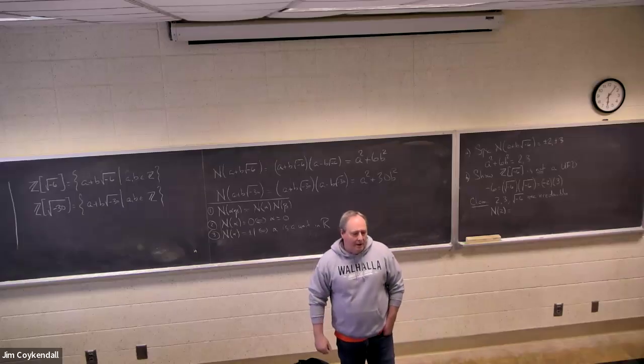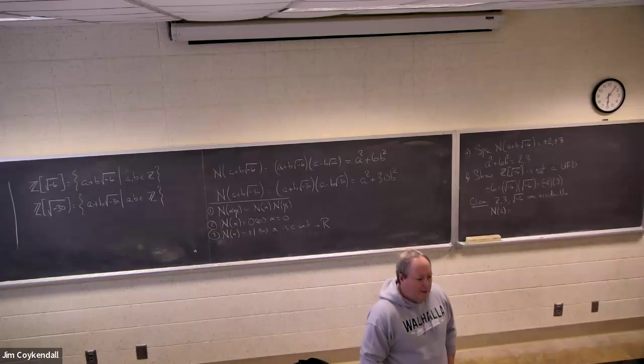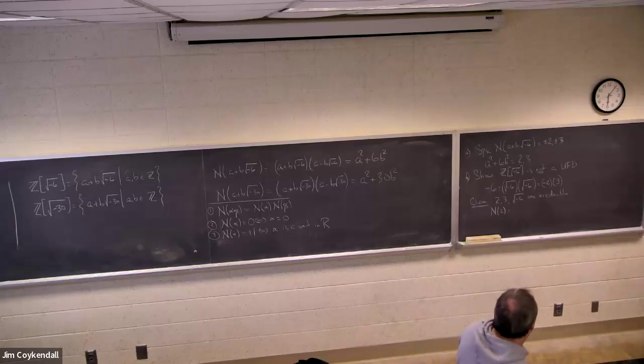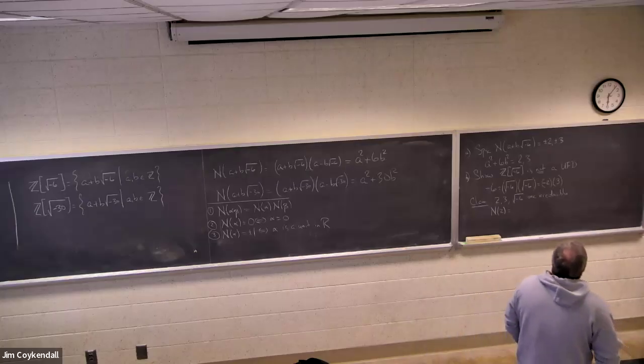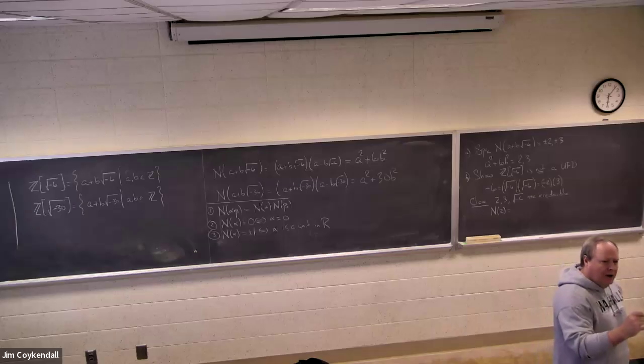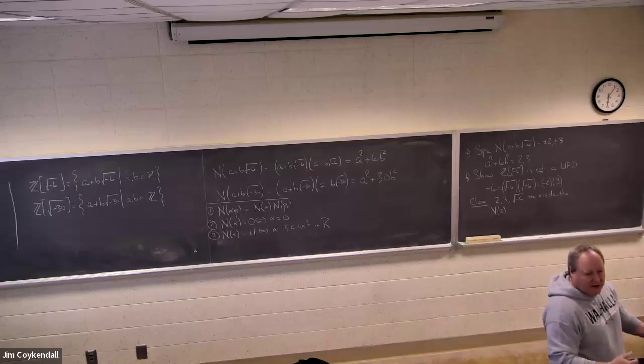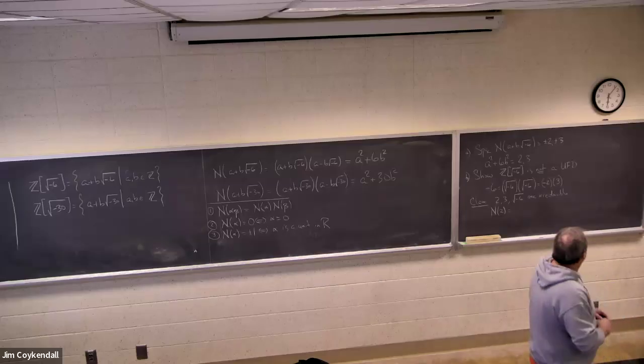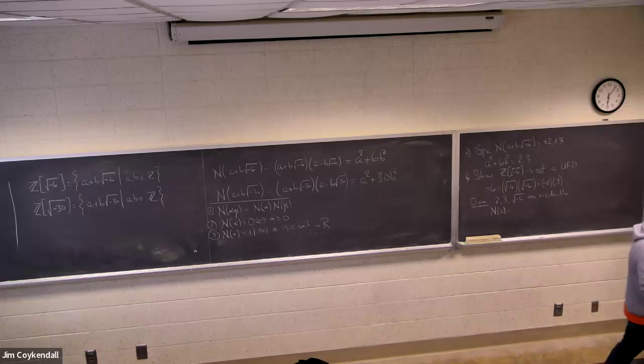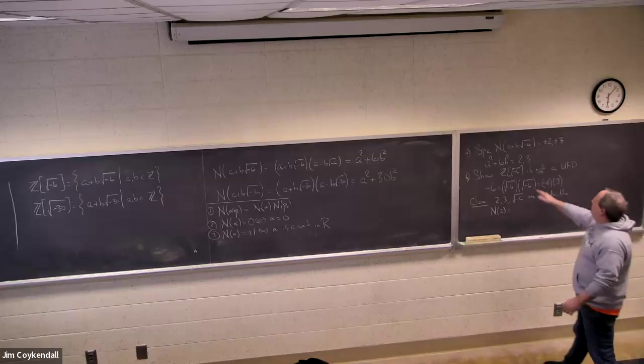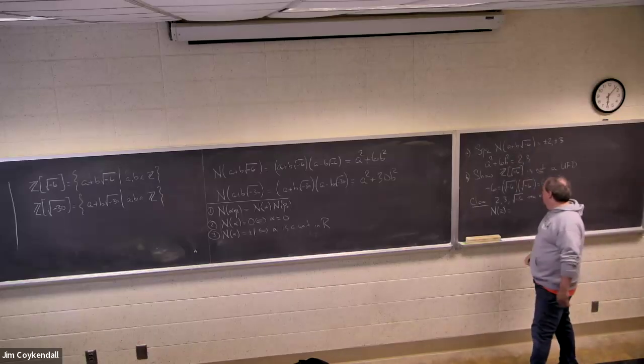The reason why we're not worrying about negatives doesn't make any difference, because -1 is a unit. So whether I say minus or plus, it doesn't matter, but yeah, you can put a -2 there, it's all good. What is the norm of 2? It is 4, right? Because that's 2 plus 0 radical. So this is 4.